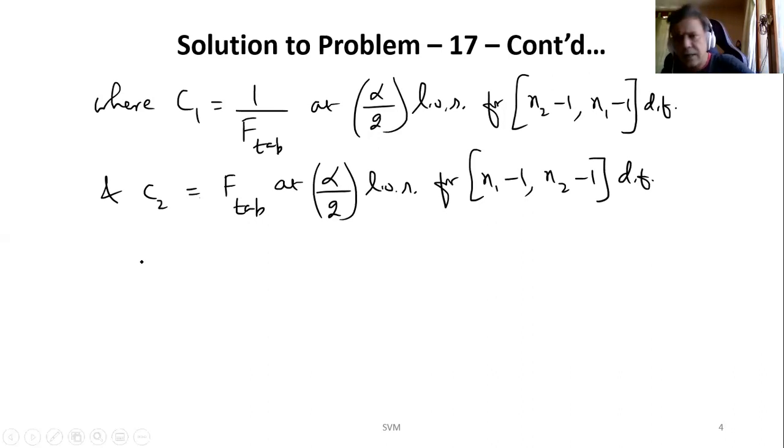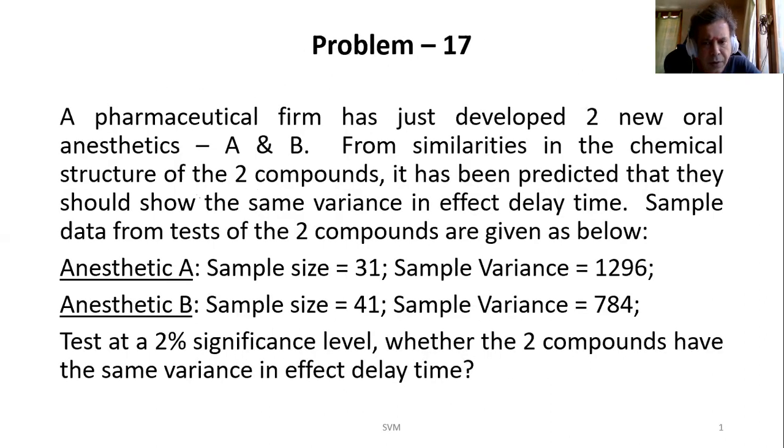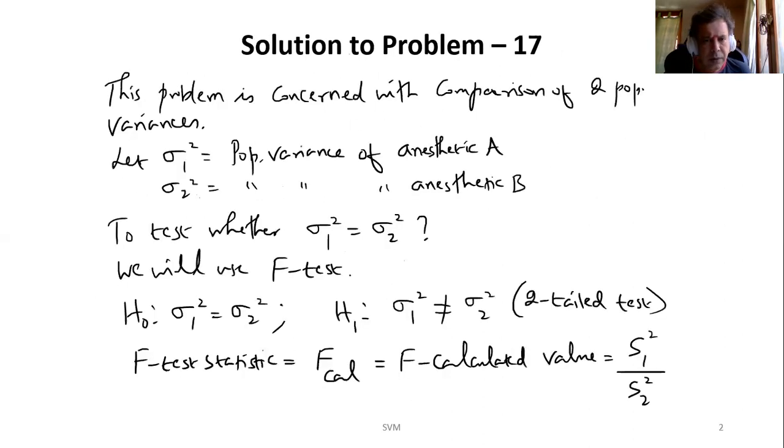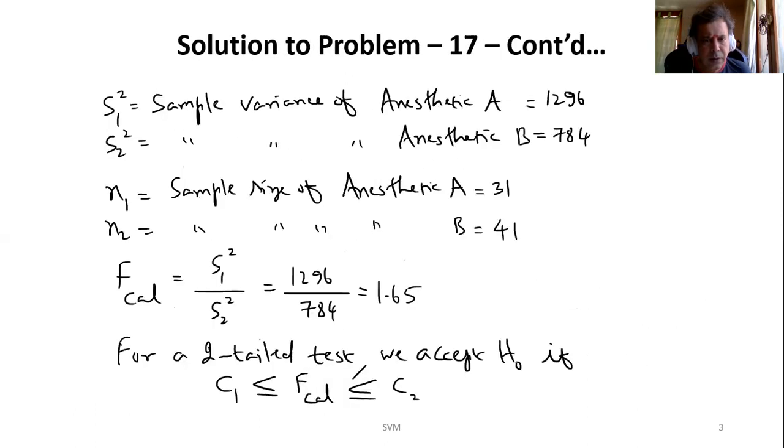So we need to now check what are the corresponding table values. Alpha by 2. Here alpha is given in the question. Level of significance is given as 2%. 2% by 2, so alpha by 2 is 1% or 0.01. So we need to check now for N2 minus 1, that is 40, and N1 minus 1, that is 30.